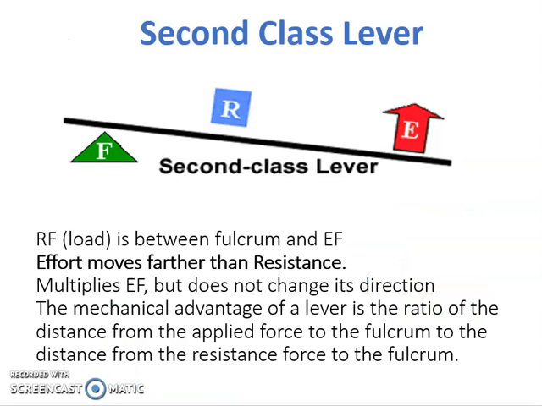The second class lever is now taking both the resistance and the effort needed to move it, and the fulcrum is on one of the edges. So effort moves further than the resistance. And again, let's just think of some examples because it's easier. If you want to revisit the slide, you certainly can.